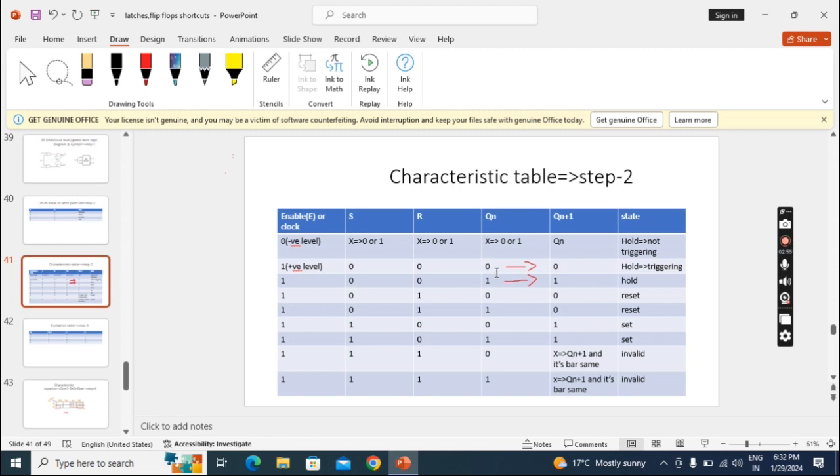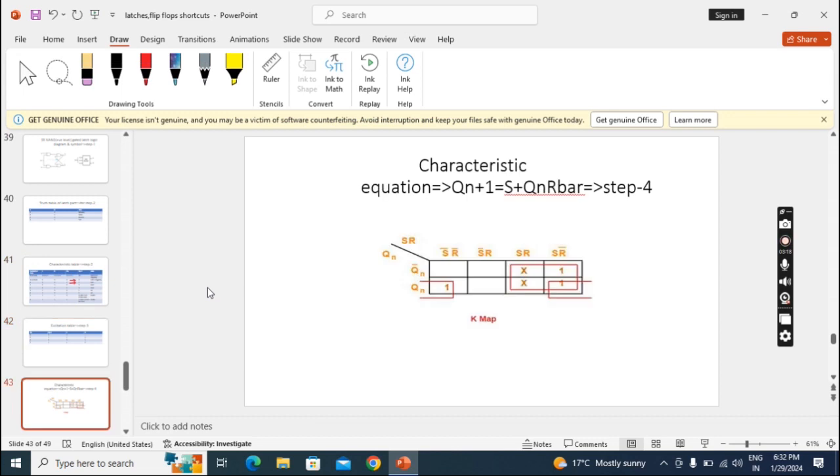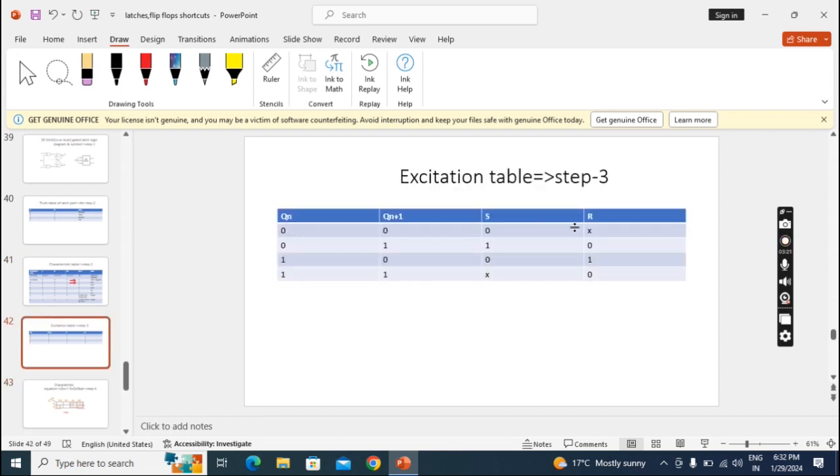Here in these two, this 0 and this 0. What is the S value? 0 only. So S we are getting the same value, so it will be 0. But R we are getting a different value. See, here 0, here it is 1. Whenever there is a different value, how to write? Like X. Okay, so for 0 0 we will get 0 X.